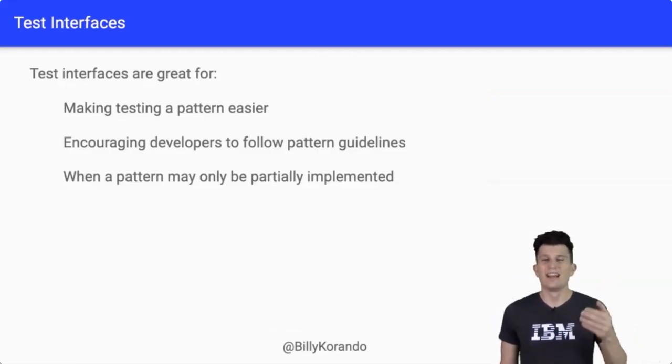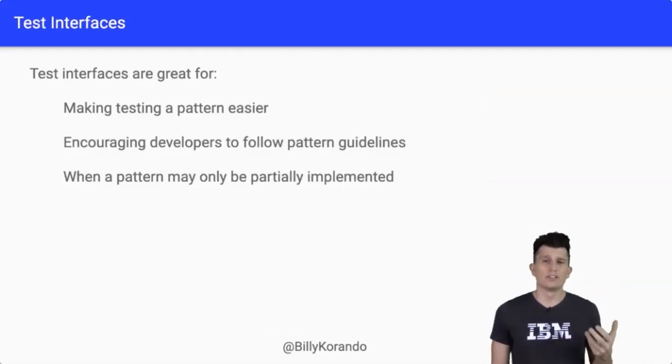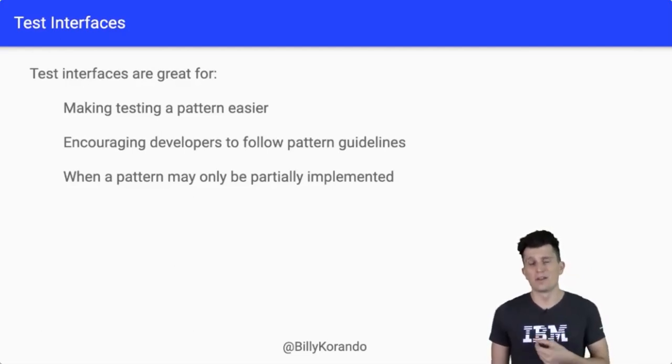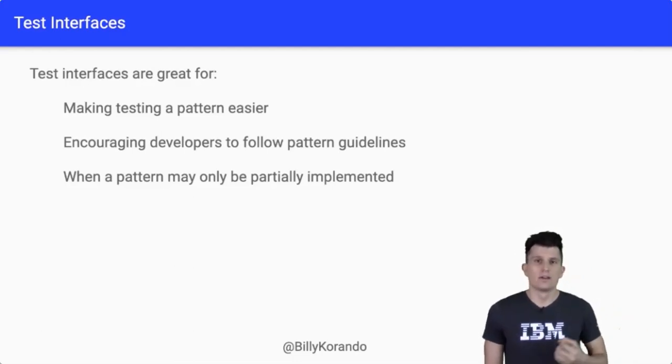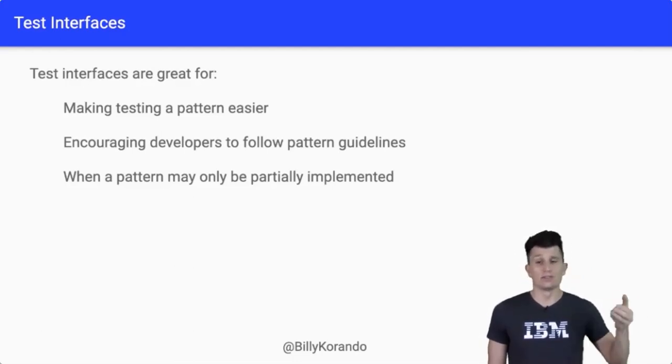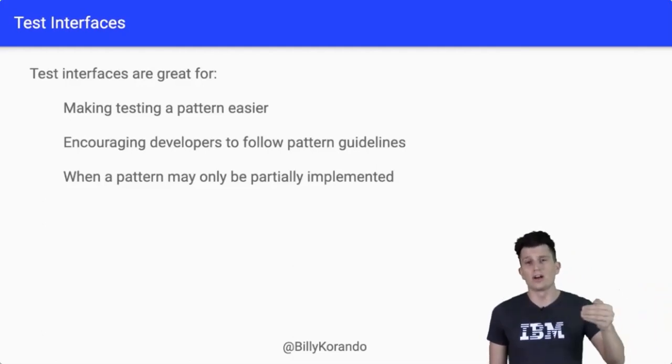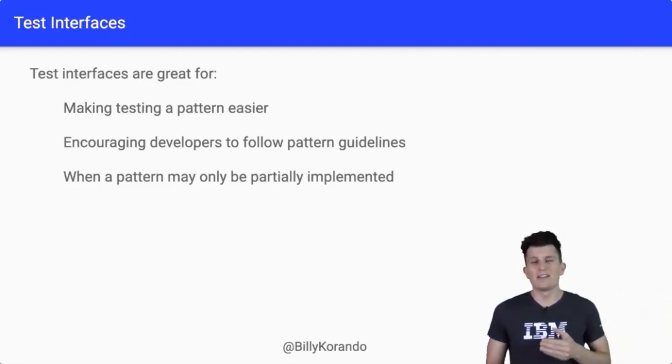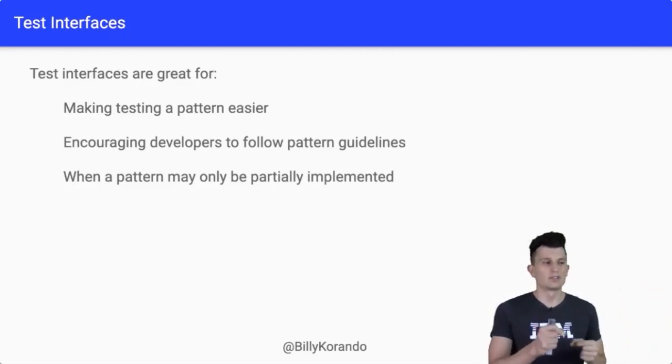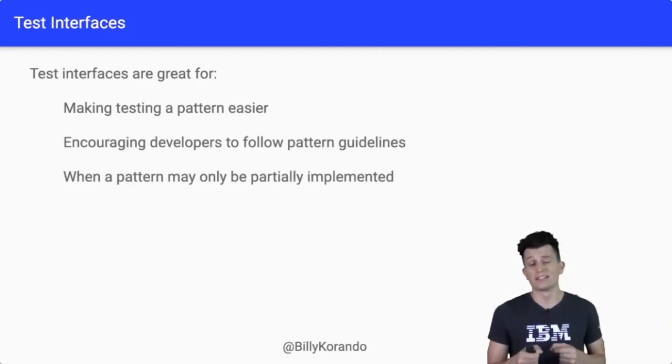The other one is test interfaces. In Java 8, the ability to write a default implementation for a method was added to interfaces. In JUnit 4 and Java 7, you could only inherit from an abstract base class, and this could be good if you're maybe testing some sort of pattern and you want to supply some kind of initial constructs for a developer writing the test.